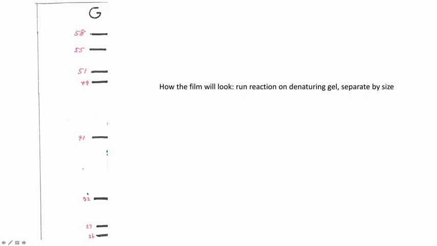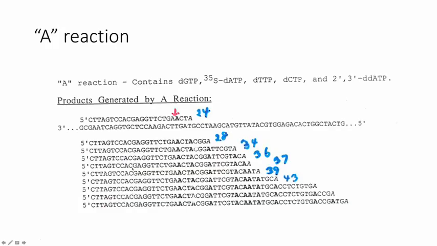So if you're running a G lane, you'd see something that's 26 bases, and then something that's 27 bases, and something that's 32 bases, etc., and 41 and 49, etc., all the way up. So basically you'll have a bunch of fragments here, and all the sized fragments will correspond to where there was a G ending in the sequence.